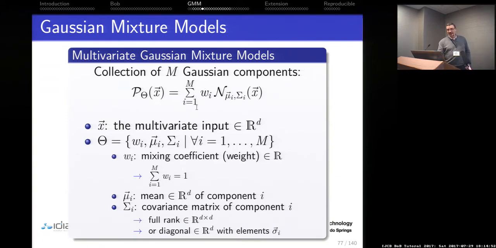And the weights generally sum up to 1, so that you get a proper probability model. Yes, and the covariance matrix, the sigma here, can be either a full matrix or just a diagonal matrix when you assume independence of the elements in the vector.